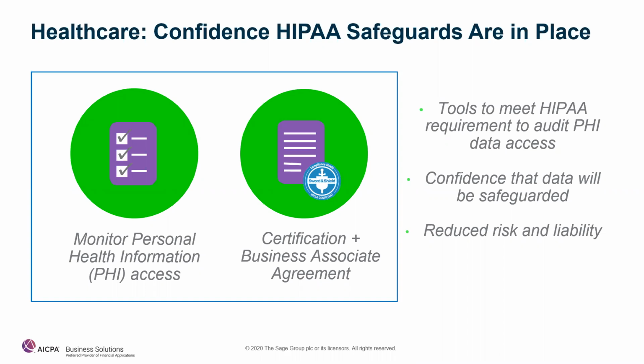When I say in any manner, that means through the user interface, through reporting, and through APIs. APIs are application program interfaces. So when we're taking information from one solution into Intacct, we create what's called an API. And that's going to make sure that you are complying with those HIPAA audit requirements.